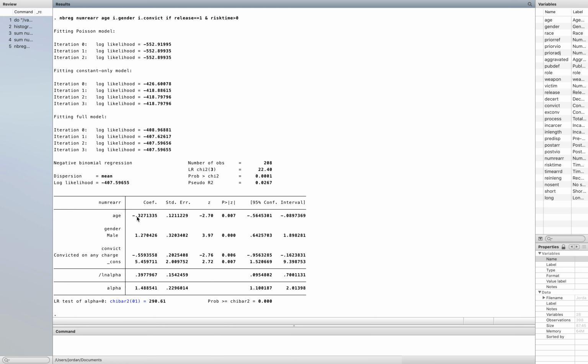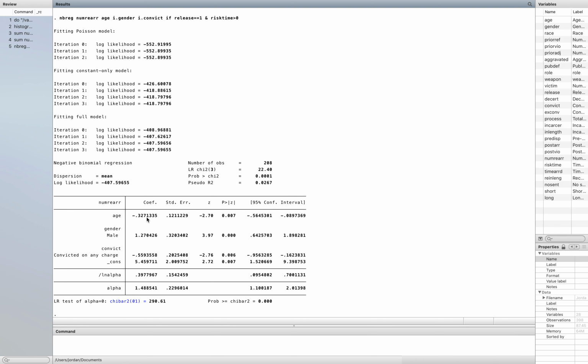So what this tells you, the interpretation for both Poisson and negative binomial regression, is that for every unit increase in x, the expected log count of your outcome increases or decreases by whatever the value is.